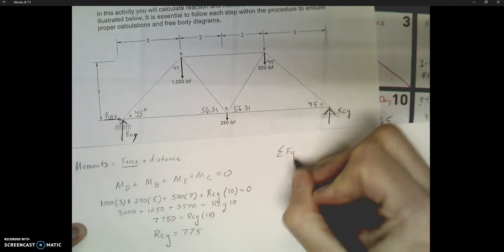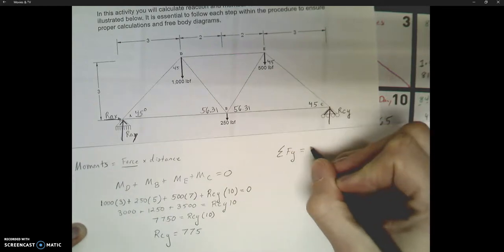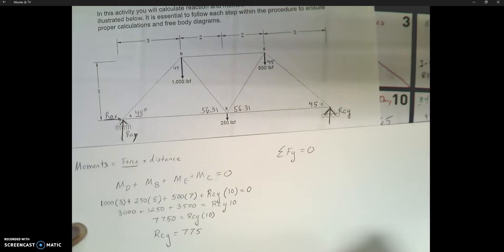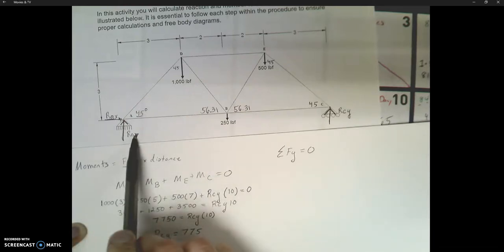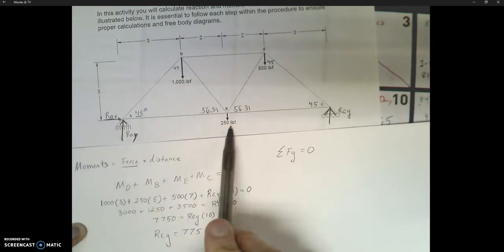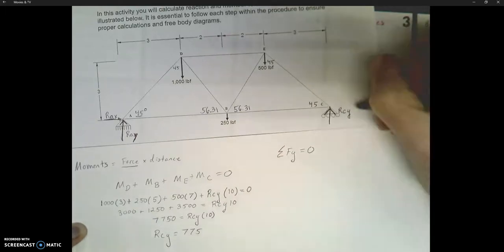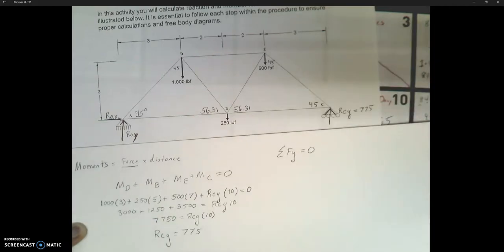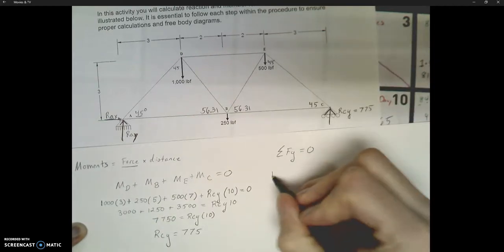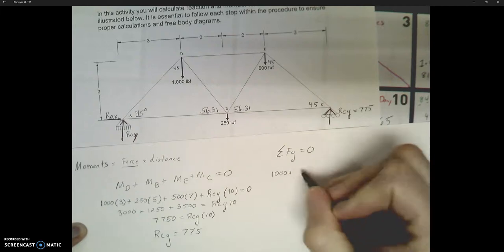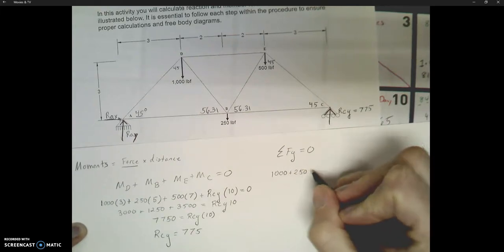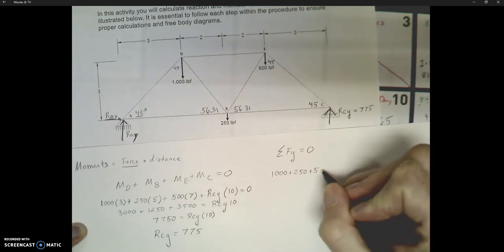So after we got that, what we're going to look at over this one and the rest of them, the sum of all the forces in the y direction for us is equal to 0. So we've got these 3 at D, B, and E trying to rotate this truss clockwise, and then reaction force AY, reaction force CY are trying to go counterclockwise.